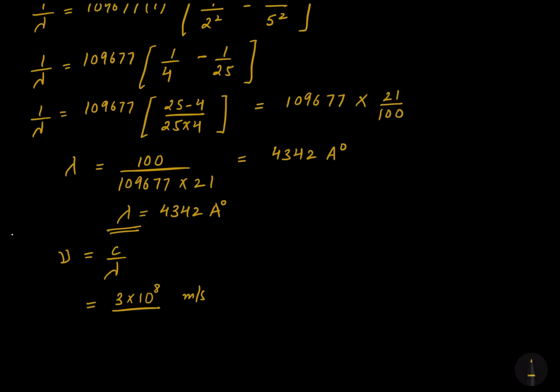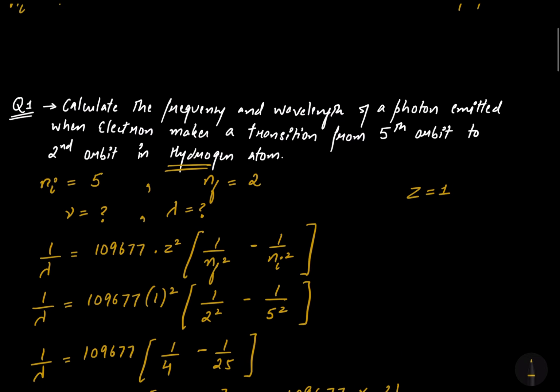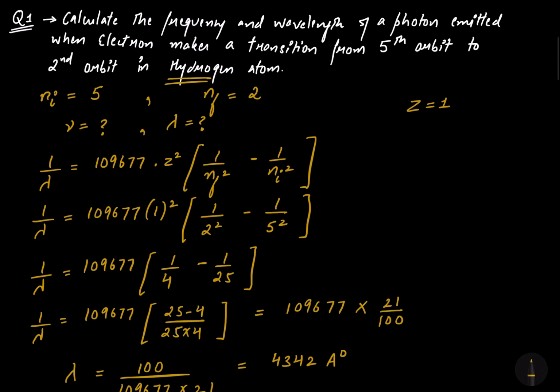So 4342 angstroms into 10 to the power minus 10 is converted to meters. So the frequency of the photon emitted comes out to be 6.9 into 10 to the power 14 per second. So this is the frequency of the photon emitted. We have calculated the wavelength and also the frequency. So this was the first numerical. I hope you understood it.